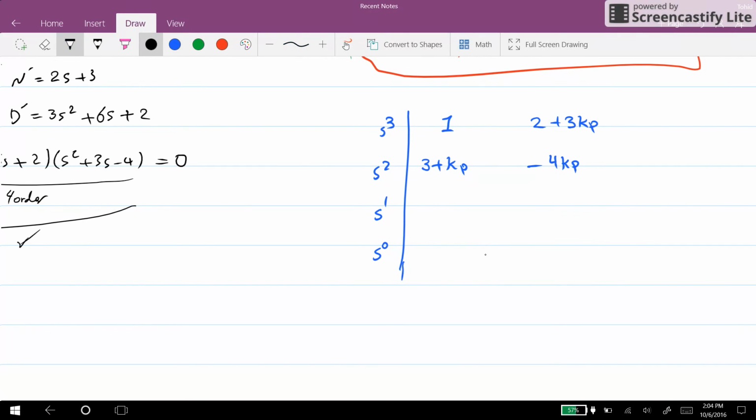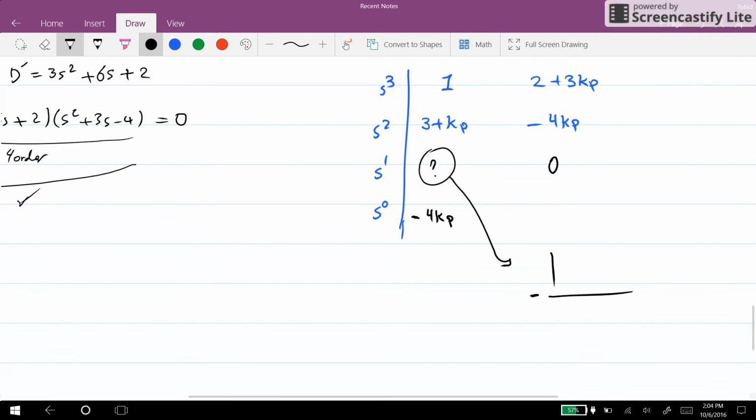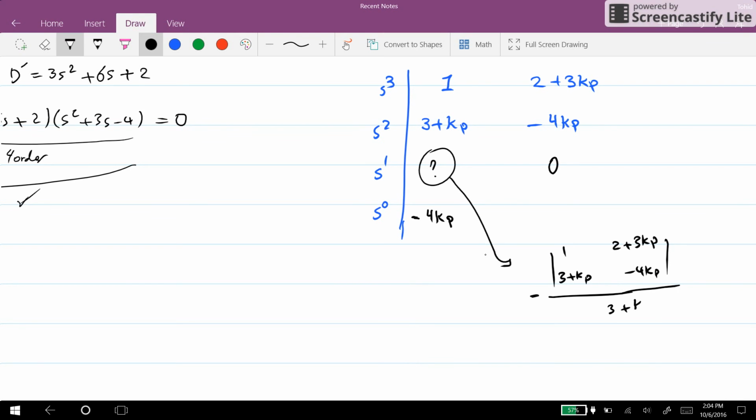We need to find the value for this element. Here we will have 0. And for the last element, we will have minus 4 times Kp. So the only missing one is here. And to find the value for that, we need to find out the determinant of 1, 3 plus Kp, 2 plus 3 Kp, and minus 4 Kp, divided by 3 plus Kp.